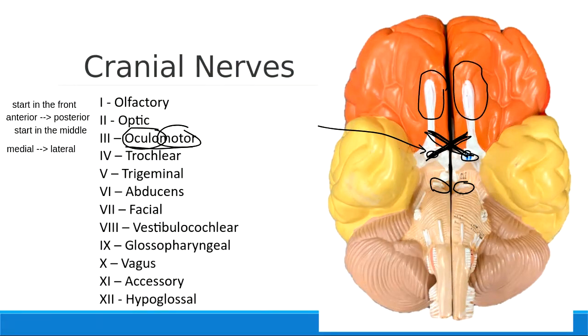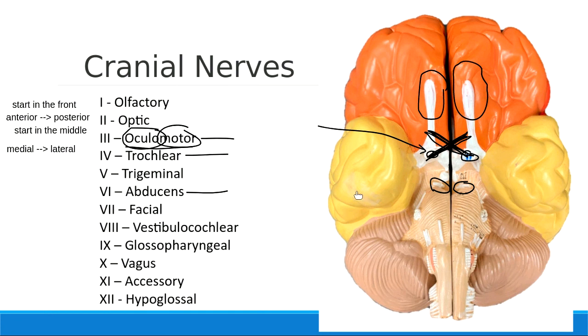Hey, remember, when we're learning cranial nerves, we're trying to learn them in groups, right? So we can remember what they do. Number 3, number 4, number 6. All of those cranial nerves move the eye. So if we remember those numbers, number 3, number 4, number 6, all of those work together for eyeball movement.